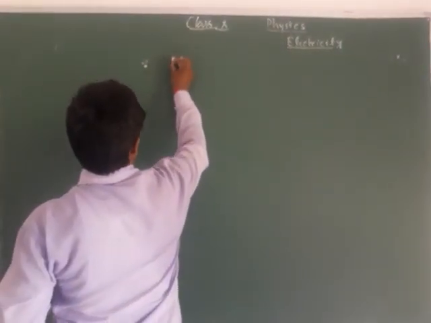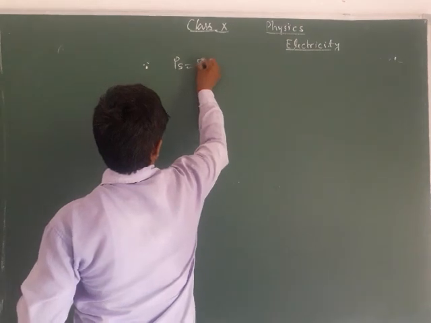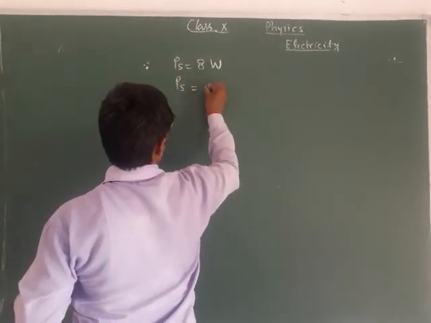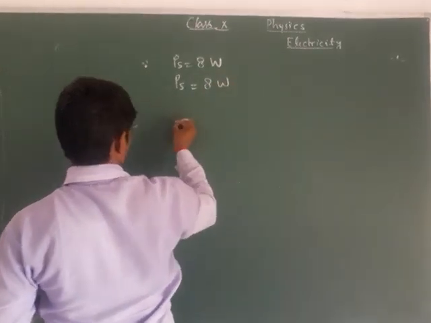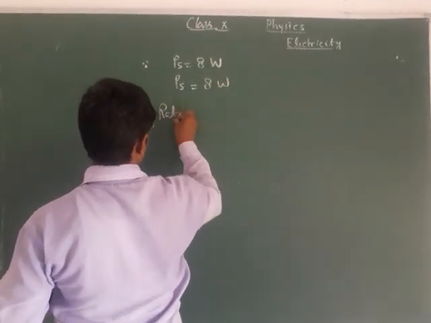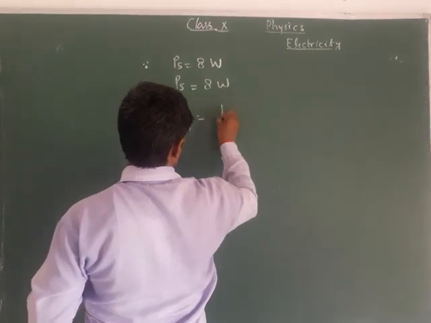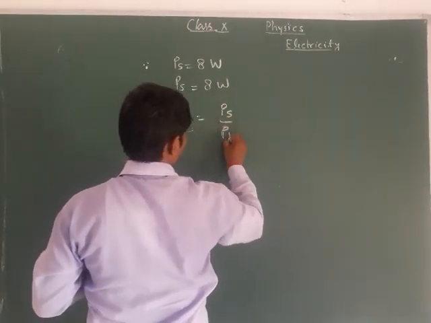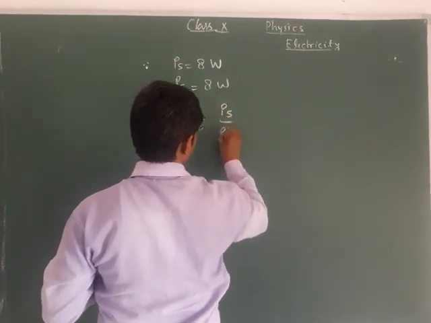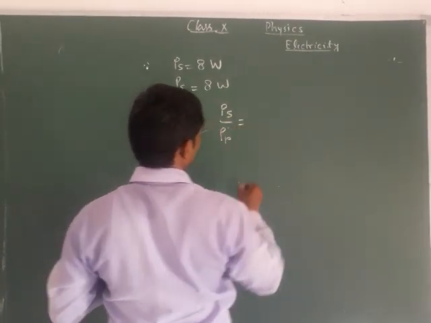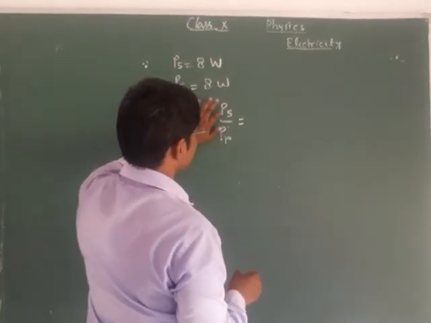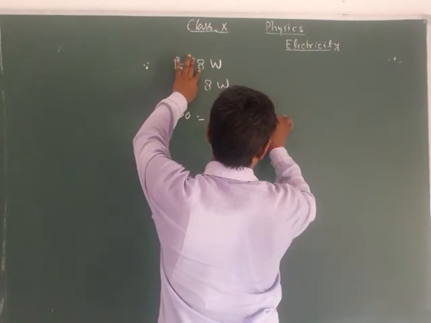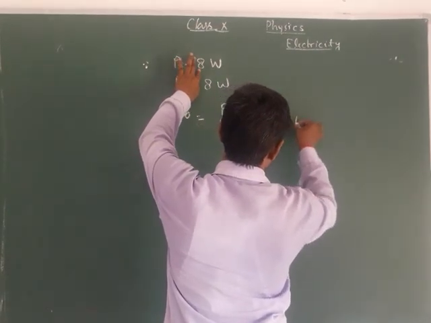Since Ps is equal to 8 watt and Pp is equal to 8 watt, the ratio of Ps upon Pp, power in series and power in parallel, is 8 upon 8, this is 1.